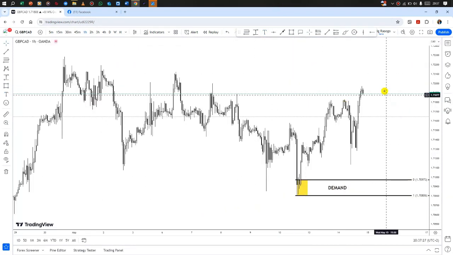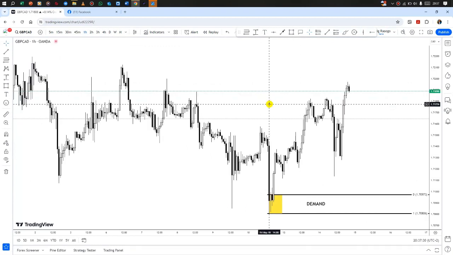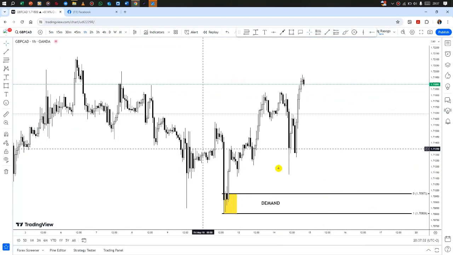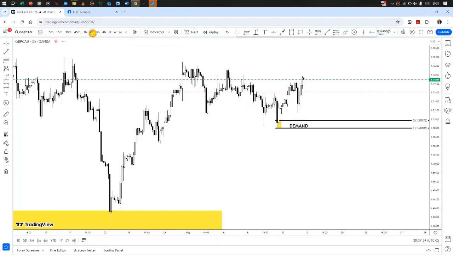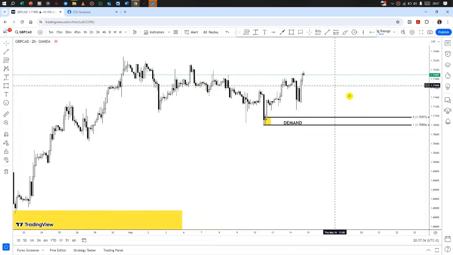So that's our demand zone on GBPCAD. As you can see, like I said, it's bullish, so we'll have this demand zone as our buying area for our bullish trend.